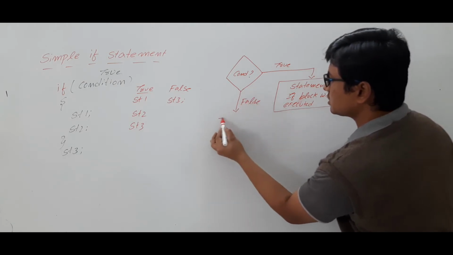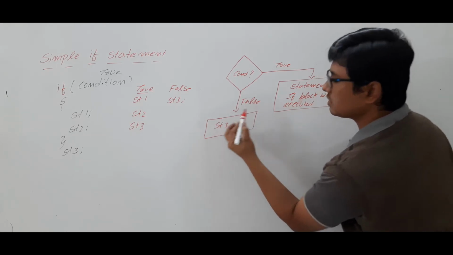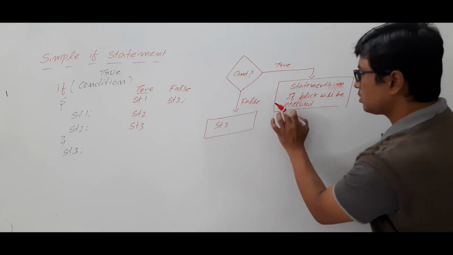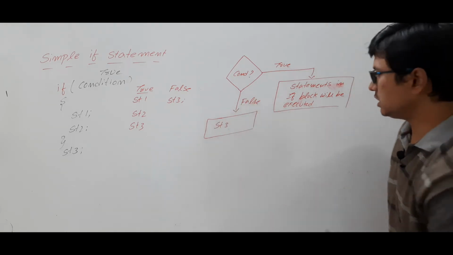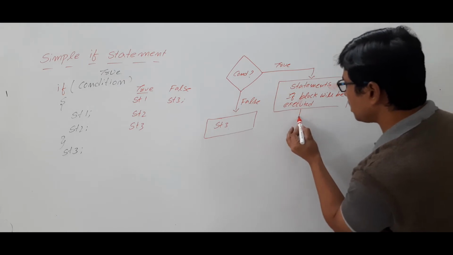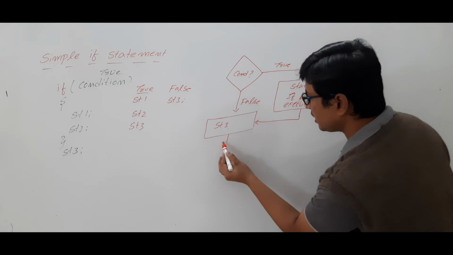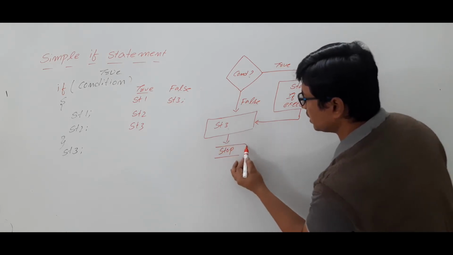you will have a certain statement. Suppose some statement 3 is there. Now after the condition is true or false, because if it is false, directly you will execute this statement. Even if it is true, after executing this one, you will execute this one, and then finally you will go to the stop, which is represented using the oval.